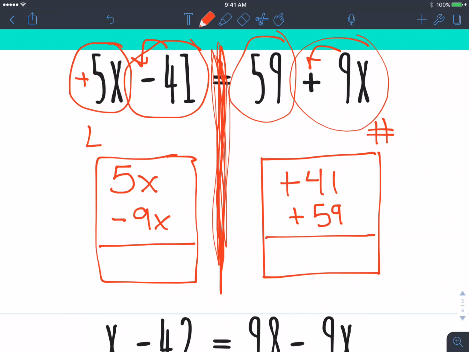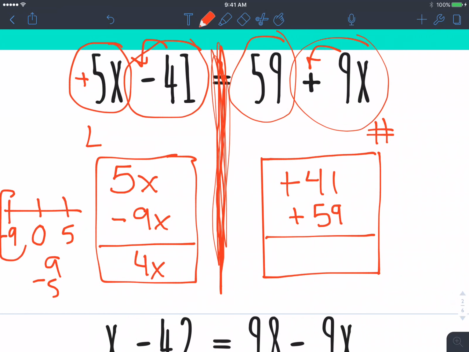I can go ahead and combine my boxes here. I have 5 and negative 9, and one thing I am going to remember when I'm adding and subtracting numbers is I have a positive 5 here and then a negative 9 over here. Since they're on opposite sides of the number line of my 0, I'm going to subtract the two numbers. 9 minus 5 gives me 4, and I'm going to keep that x with it.